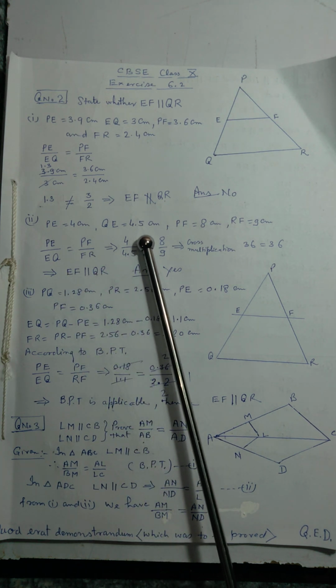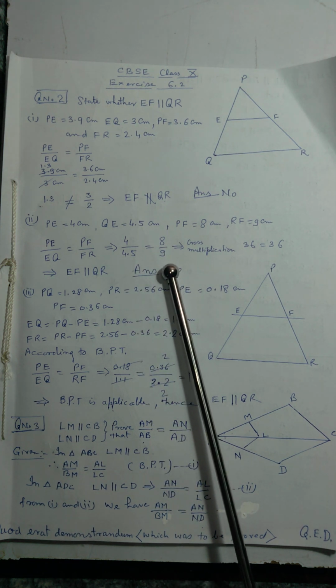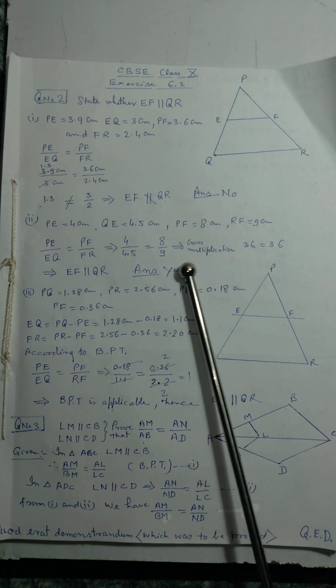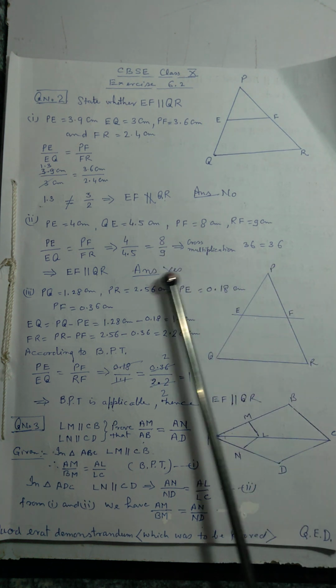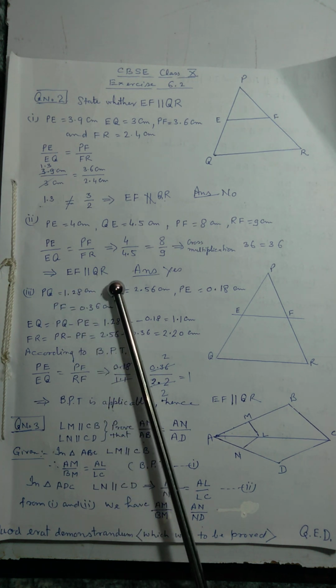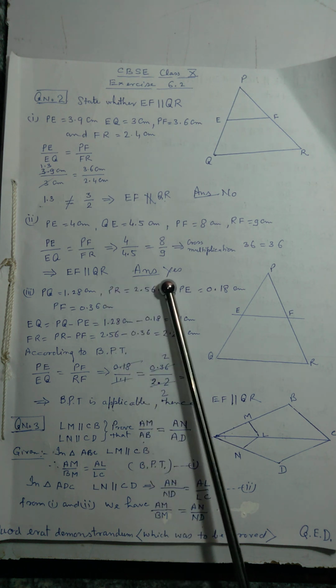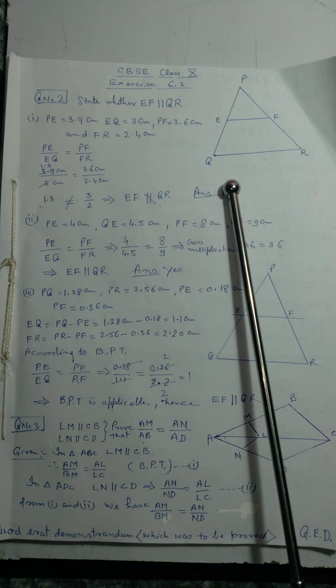This gives you 4 upon 4.5 is equal to 8 upon 9. Cross multiply it, you will get 36 is equal to 36. Therefore, EF is parallel to QR. Here it is justified because these sides are proportional.